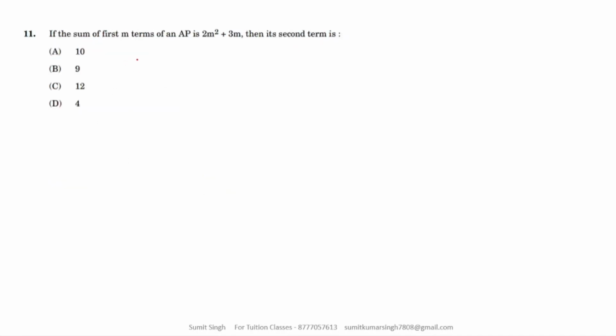In this question, we have the expression for the sum of the first m terms as 2m² + 3m. Then we just have to find the second term. If we find the sum of the first term, the value of S1 will be 2 times 1 squared plus 3 times 1, which gives us 5.